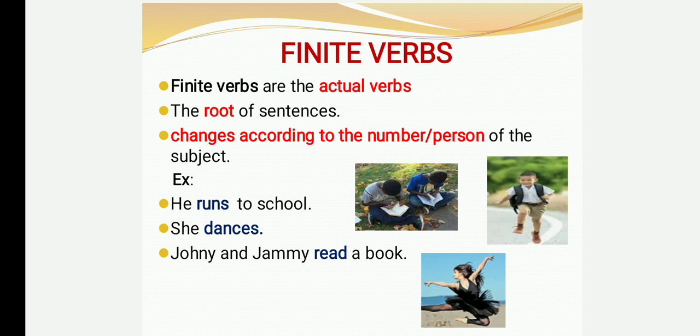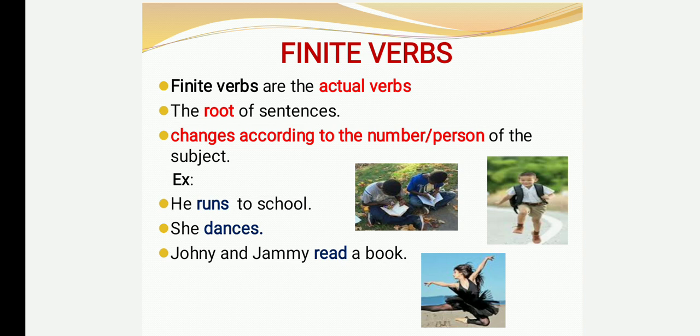Take the first two sentences as examples. He and she are singular subjects, and it is in present tense. The verbs run and dance change their form by adding s when followed by a singular subject. So the finite verb changes its form as per the number of the subject.